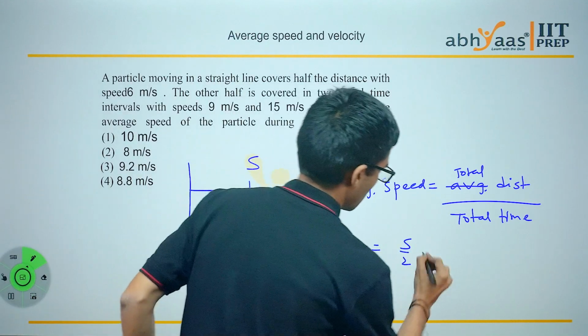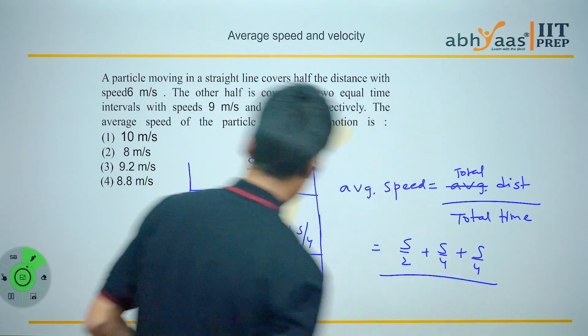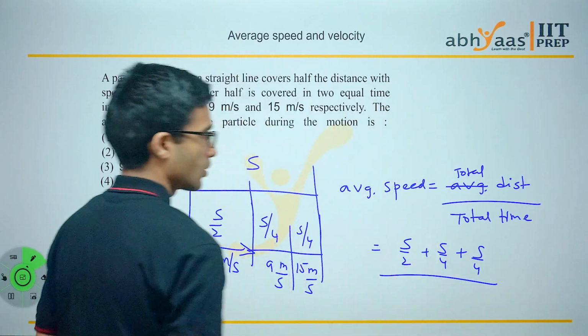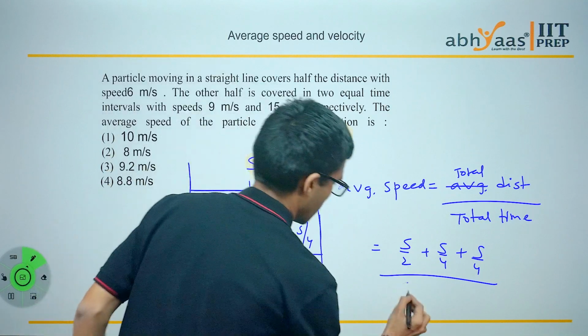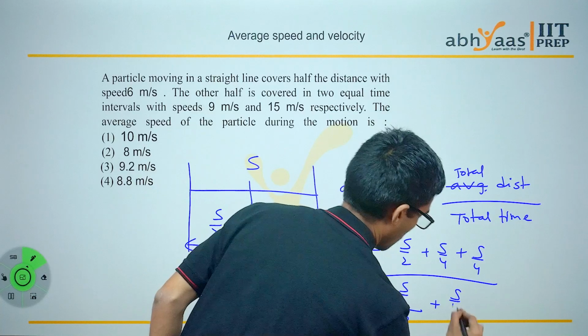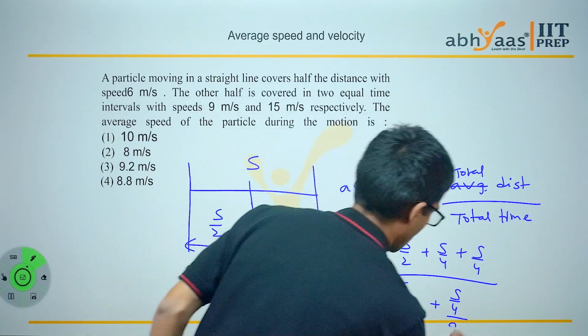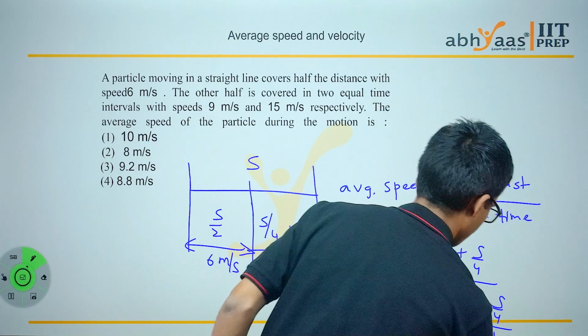That is s by 2 plus s by 4 plus s by 4, by time. Time is equal to what? Distance by speed. Distance is s by 2, by 6, plus s by 4 by 9, plus s by 4 by 15.